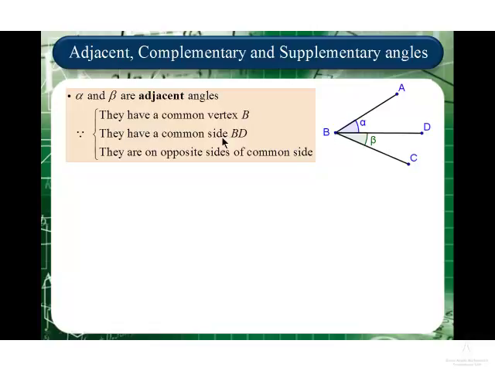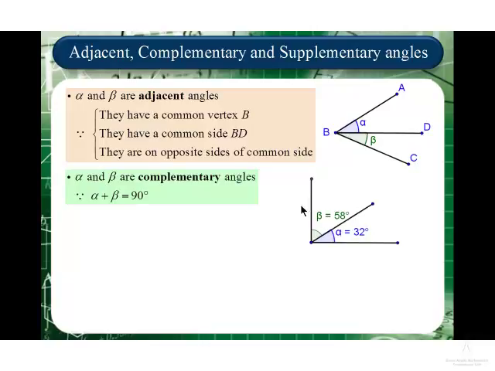Also, they have a common side BD as indicated. BD is common to both angles alpha and beta. And finally, they are on opposite sides of the common side BD. Alpha is above and beta is below the common side BD.